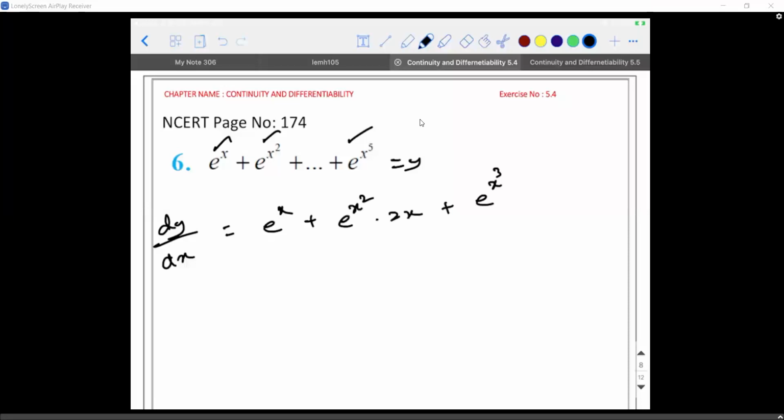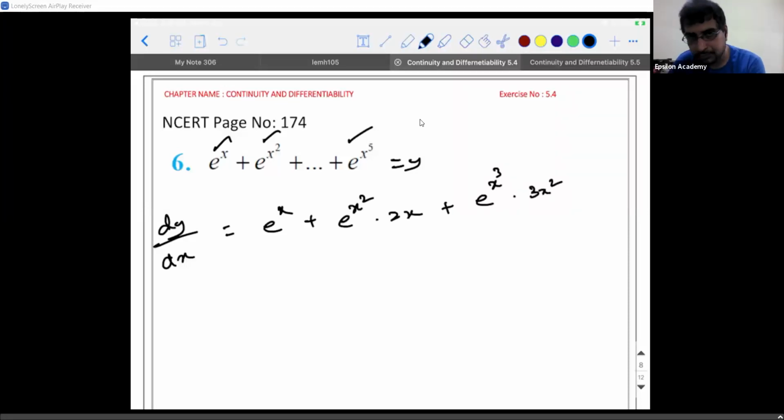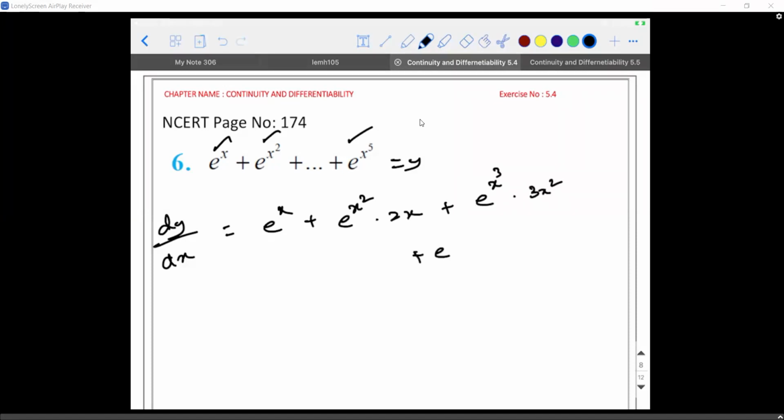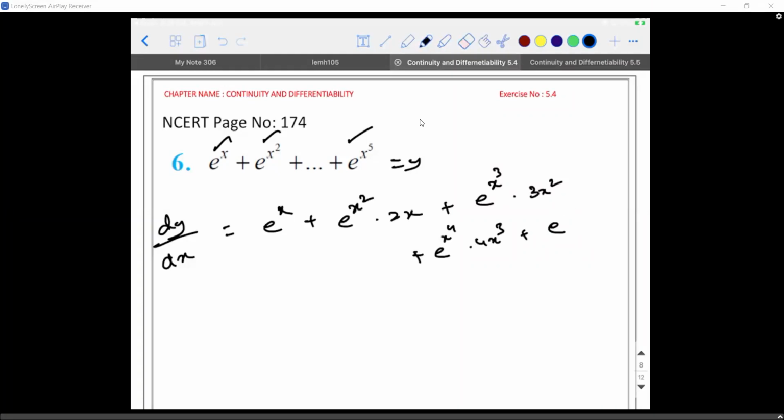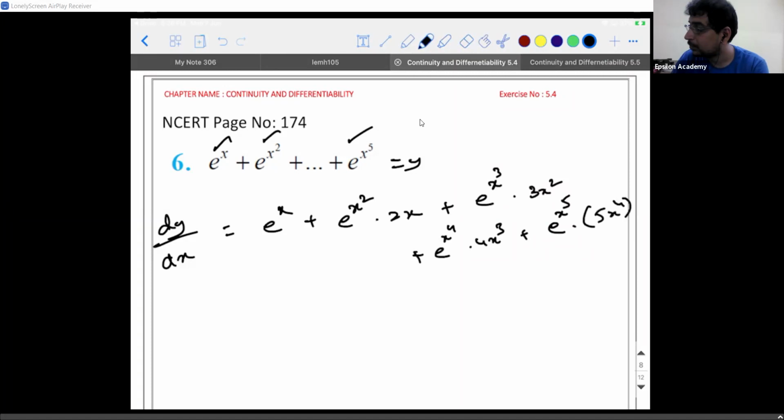E power x cube into 3x square. Correct. Plus e power x power 4 into 4x cube. Very good. Plus e power x power 5 into 5x power 4. Okay, what is common from everything?